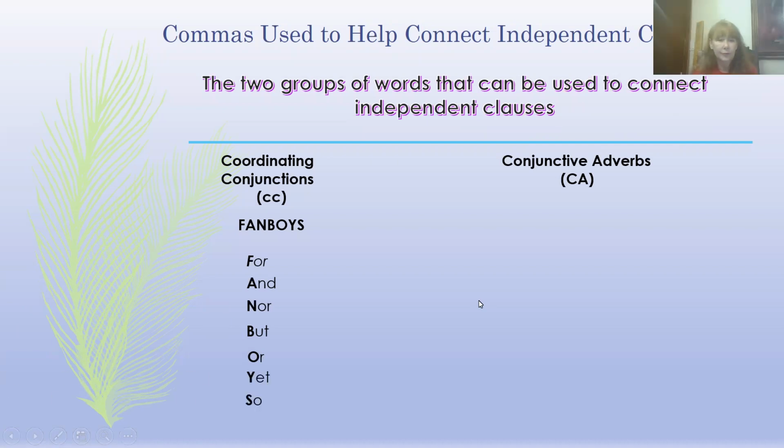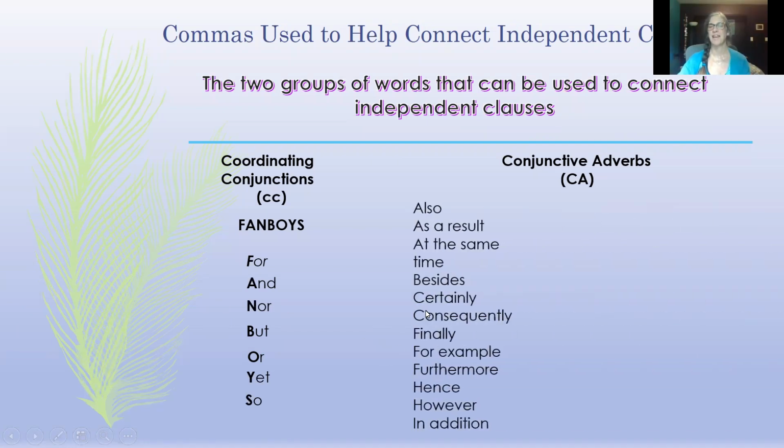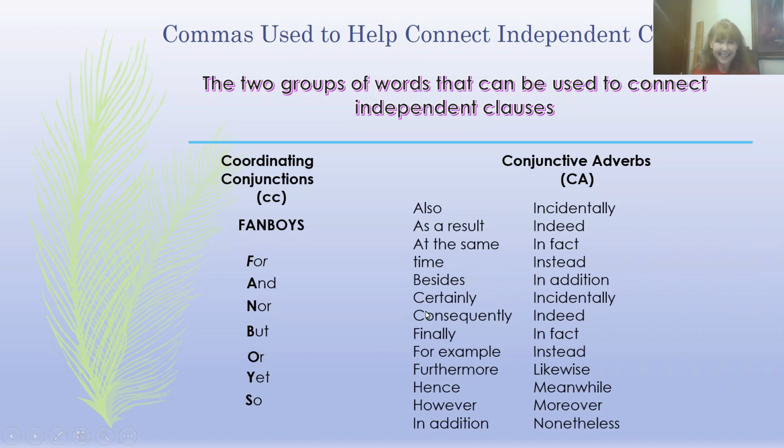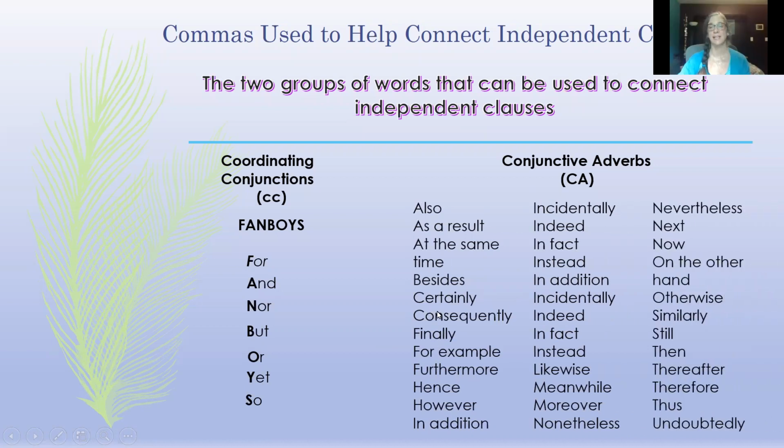So good job. Now, I'm not going to ask you to give me the whole list of conjunctive adverbs because as you remember, there are a lot of them. And notice that some of them are 2 words. In addition, for example, at the same time, as a result.